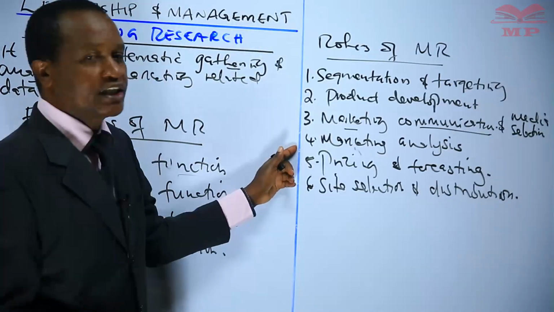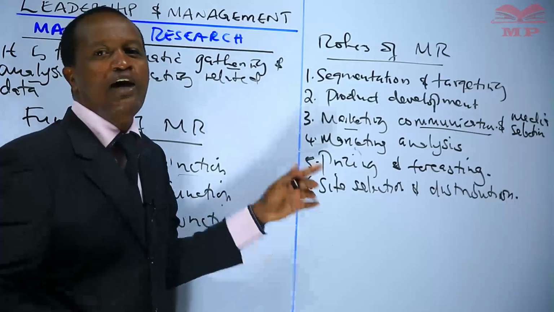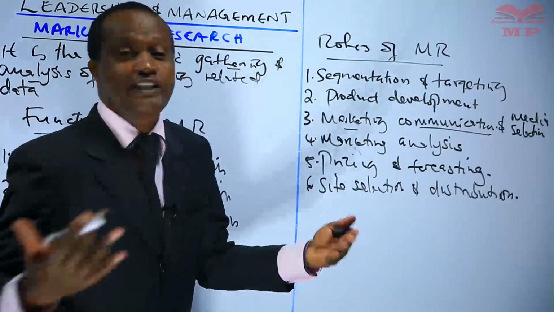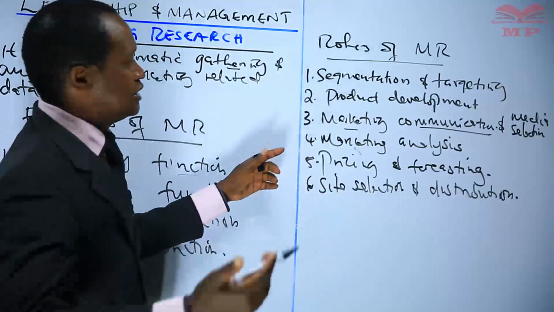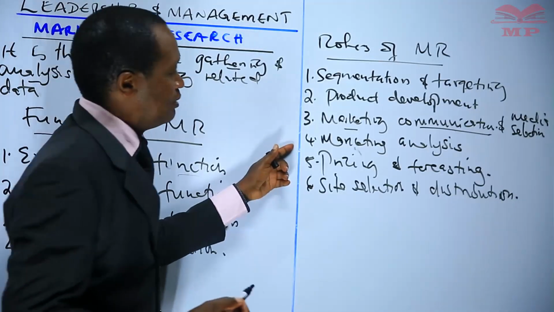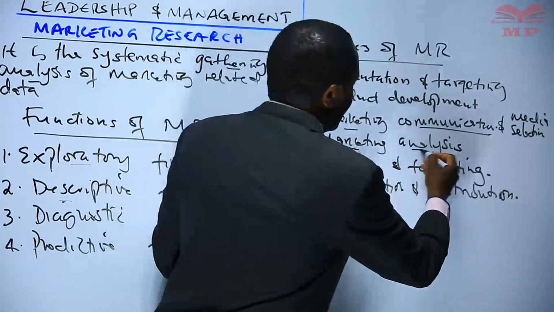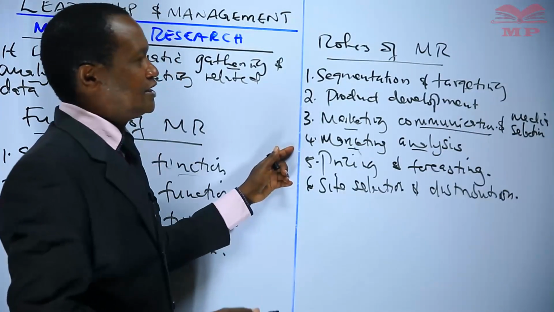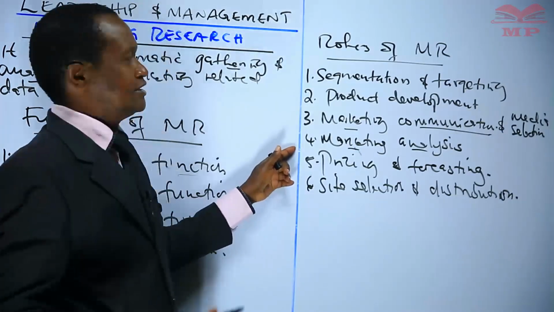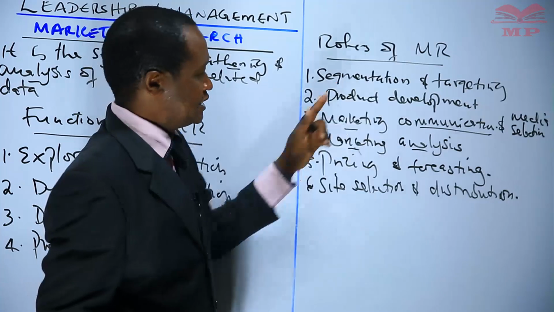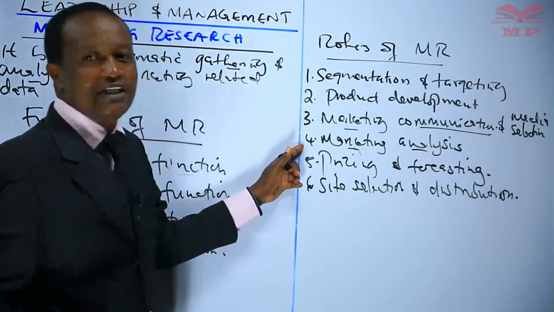So inputs from such research studies allow the marketers to develop more effective advertising and marketing communications. Number 4, marketing analysis. Marketing analysis, we can also add competitive analysis. All right? That is another role of marketing research.